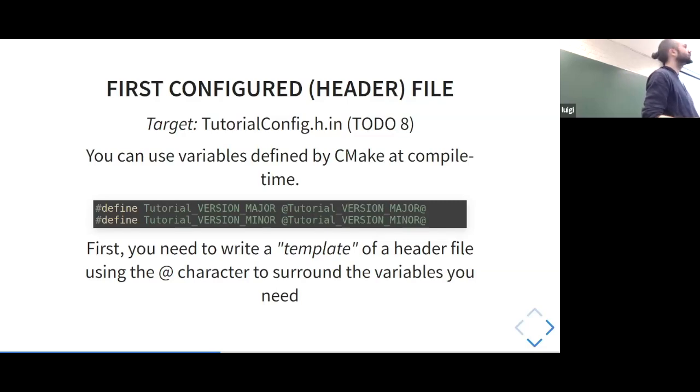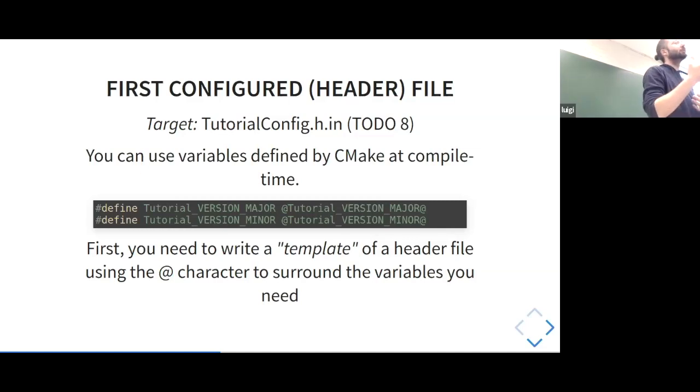Here, the idea is to show you how I can use variables that are defined by CMake inside of source code, like .h files or even .c files if you want. CMake allows you to take some files that are generally suffixed by .in into their version where some placeholders, for example your version major, are replaced with their actual value.